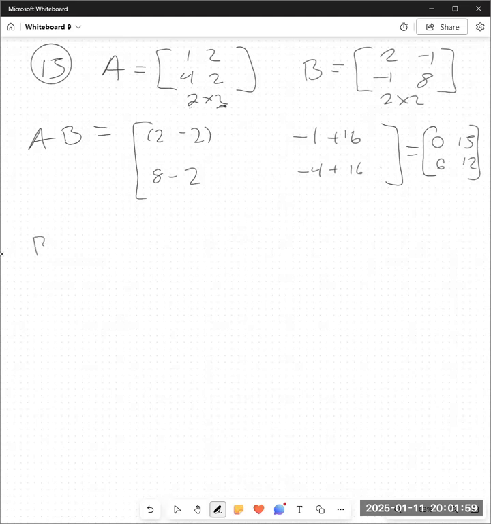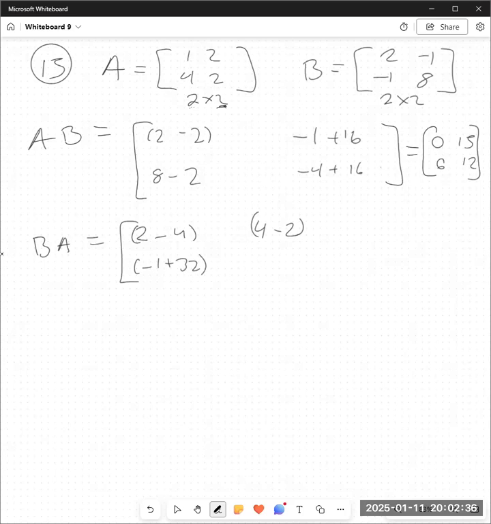Let's do B times A. So that means that I do rows in B and columns in A. 2 times 1 is 2. -1 times 4, so that's 2 minus 4. 2 times 2 is 4. -1 times 2. -1 times 1, -1. 8 times 4, 32.